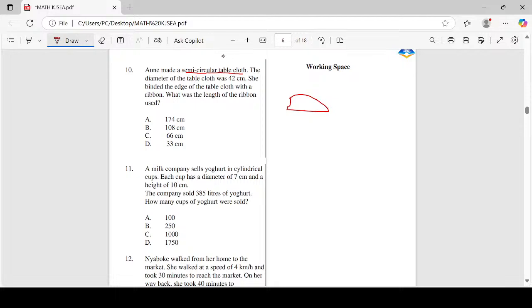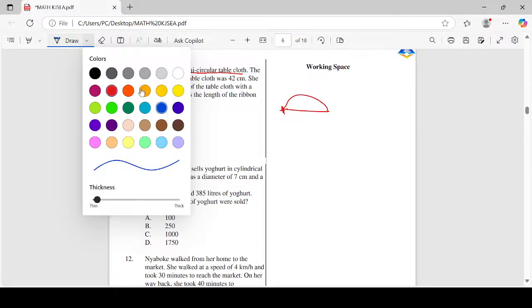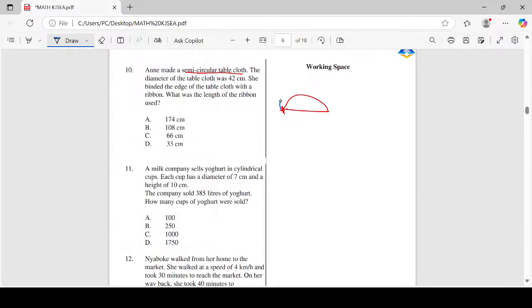Because Anne made a semicircular tablecloth, the tablecloth covers all the way from here to here. Then it also has to come back via this distance here. That's what you need to know to cover the whole of it.